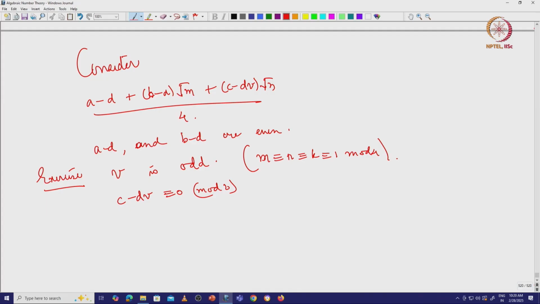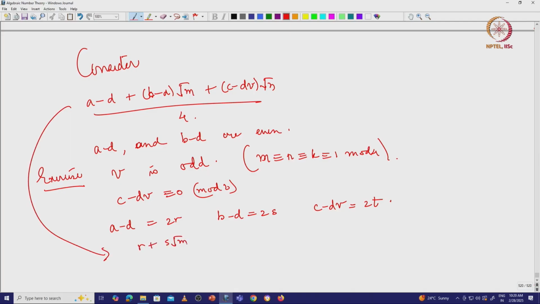So, you can write a minus d as 2 times r, b minus d you can write as 2 times s, and c minus dv you can write as 2 times t, right. So, firstly what you get is this thing becomes r plus s square root of m plus t square root of n by 2, and what is r plus s plus t?